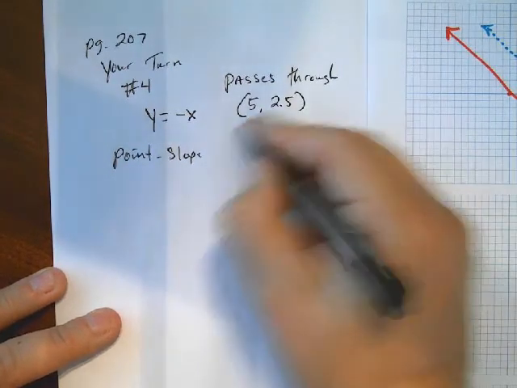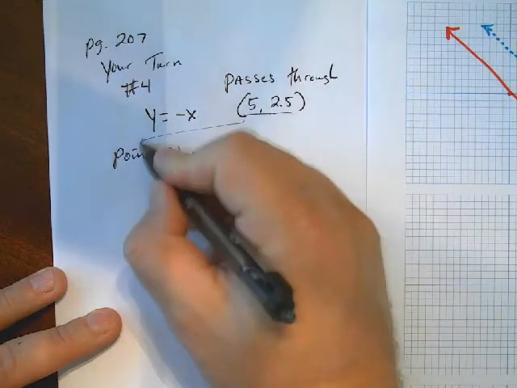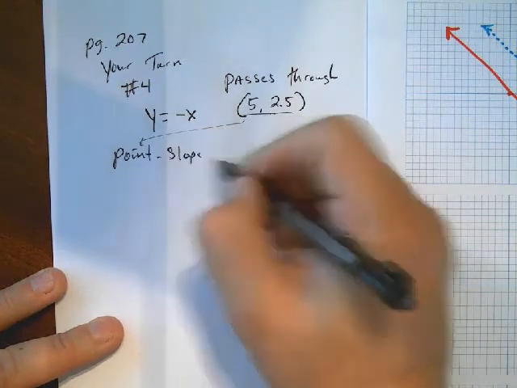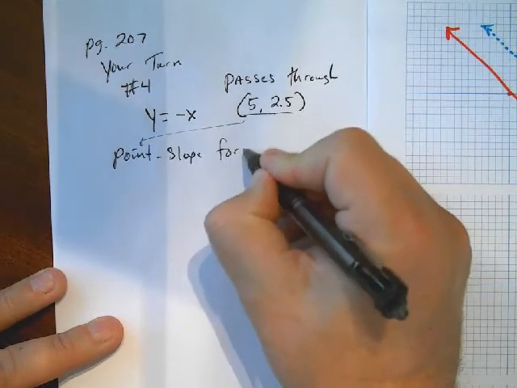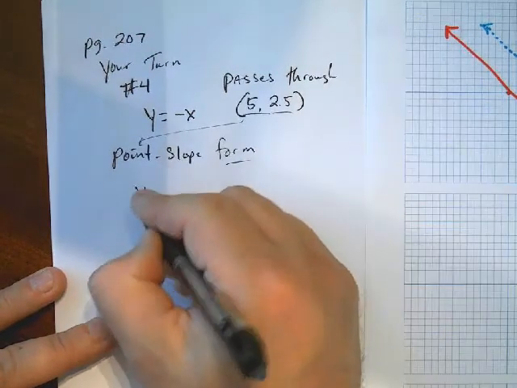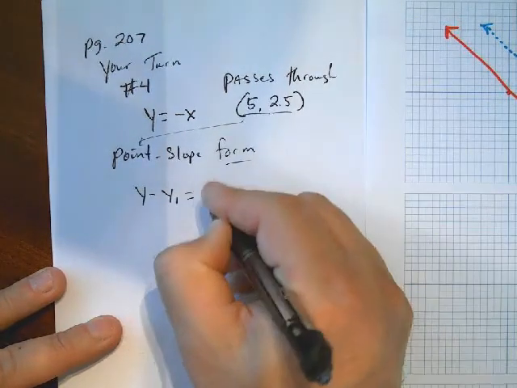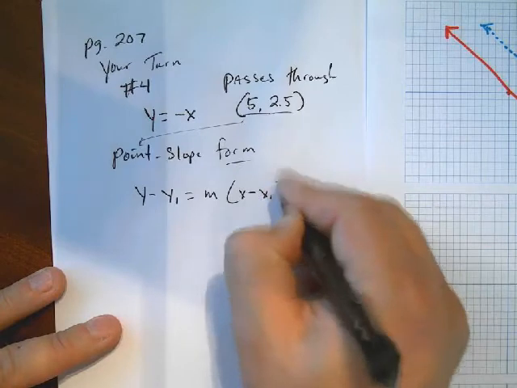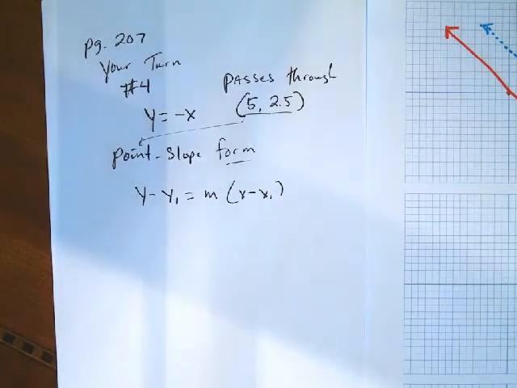We know a point that it's going through, and we know the slope, -1. The point slope form is y minus y1 is equal to the slope times x minus x1. We've worked on this for a little while now, so it shouldn't be anything new to you.